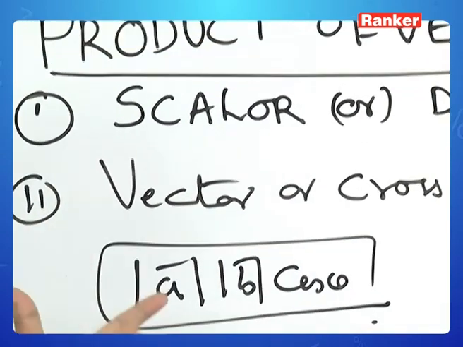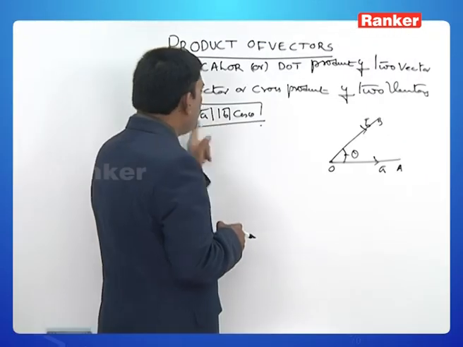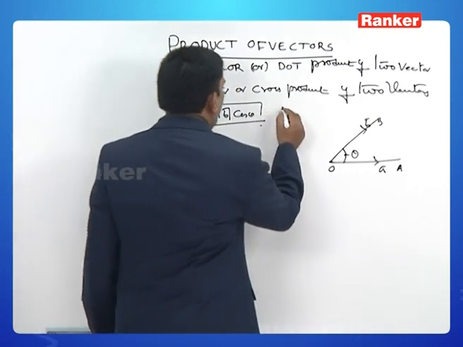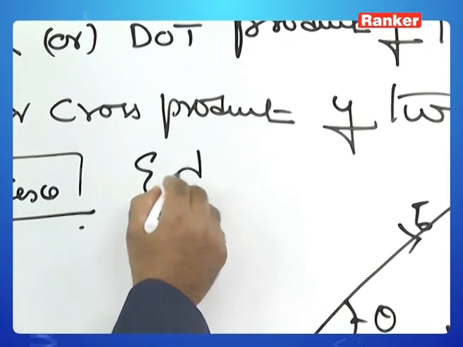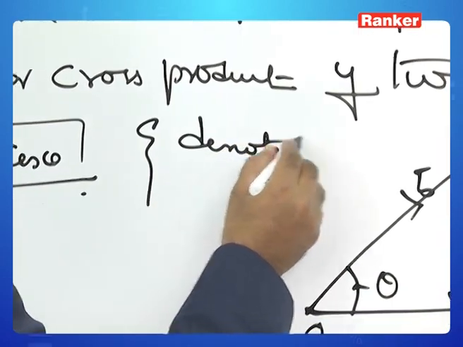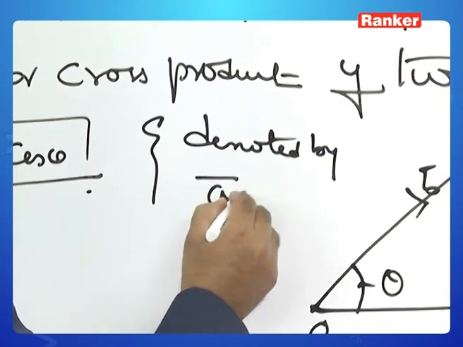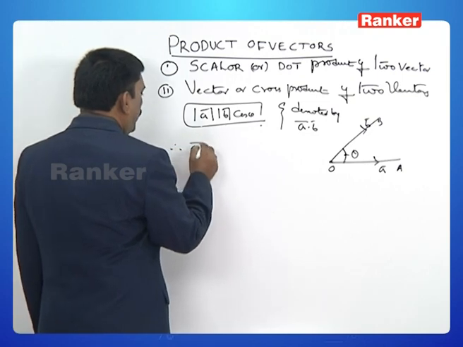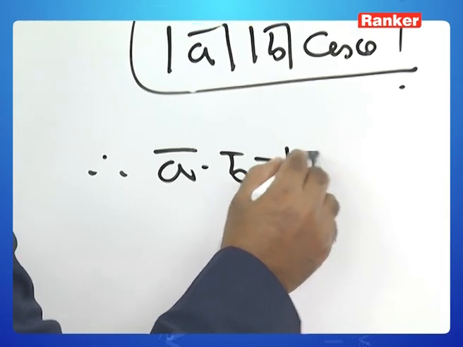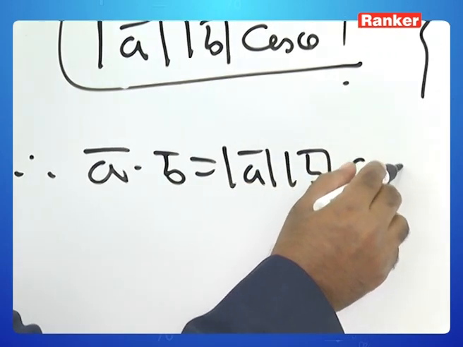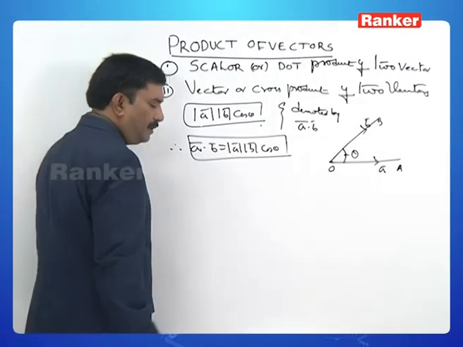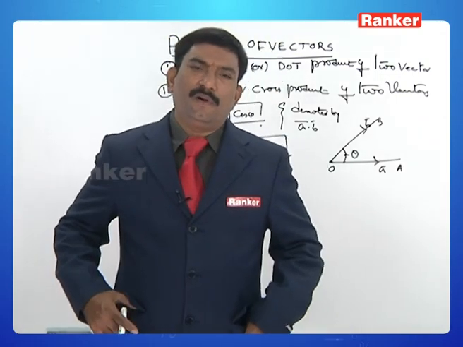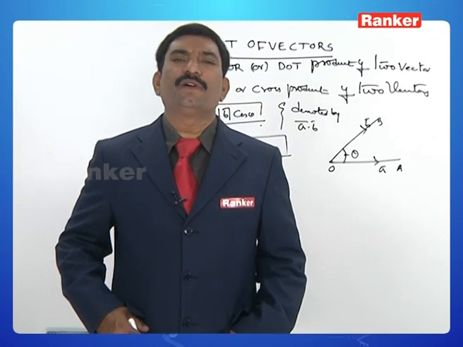So when it is a real number, a scalar, this product we call the scalar or dot product, and it is denoted by A bar dot B bar. Therefore, A bar dot B bar is equal to mod A bar into mod B bar into cos theta.